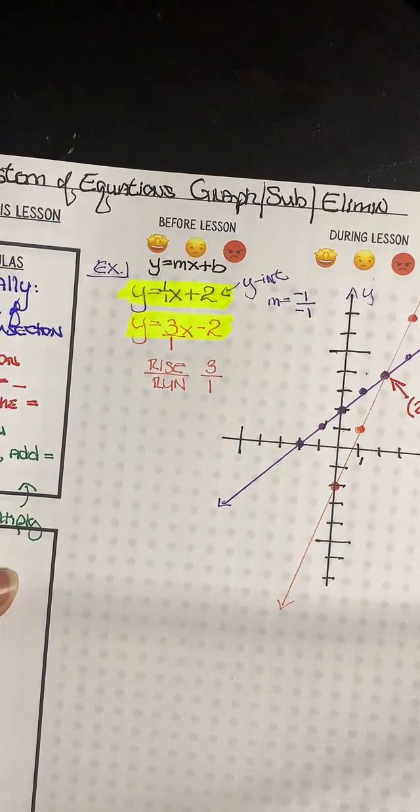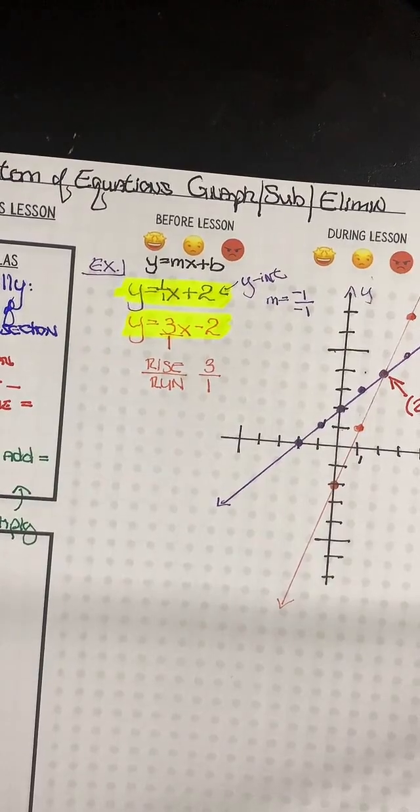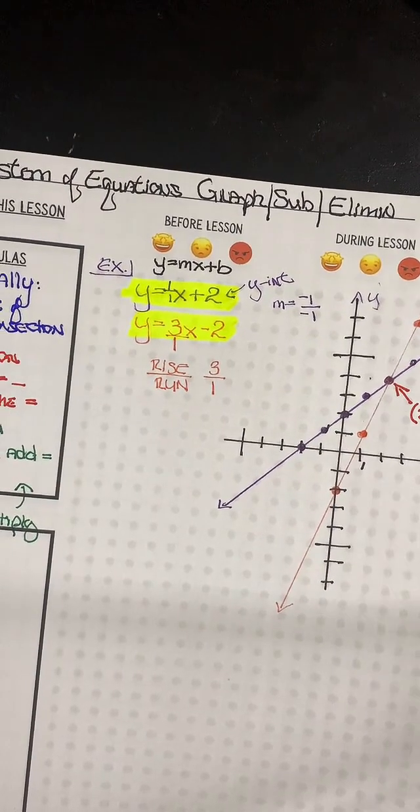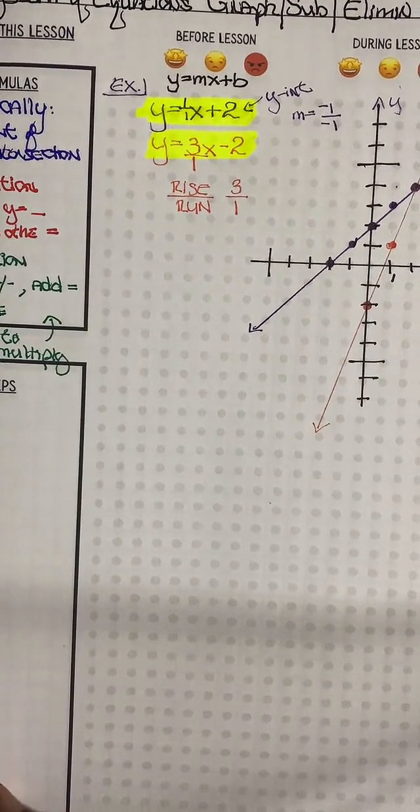But what happens if we get an equation that's not directly in slope-intercept form? That's when it gets a little hairy scary. That's when it gets all kinds of funky.